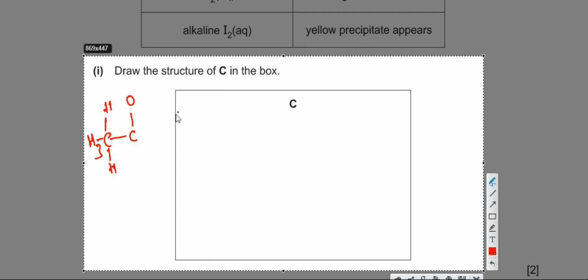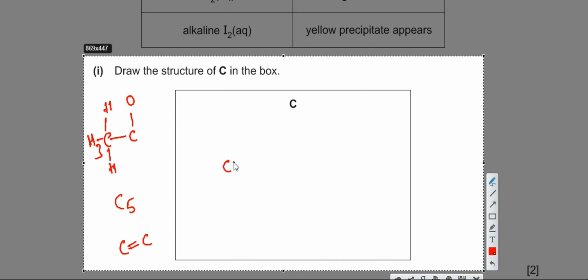Second, the total carbon atoms are 5. Thirdly, there is a carbon to carbon double bond, which gives a positive test with aqueous bromine. Keeping all this information, we can predict the structure.